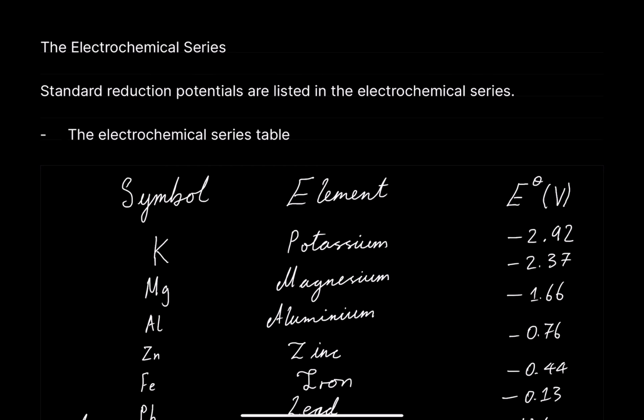I covered the two processes happening in a cell, oxidation and reduction, the type of electrodes used, as well as half equations, reduction potentials, and standard hydrogen electrodes. I went into these in a very basic manner because this is the first time you're hearing it.